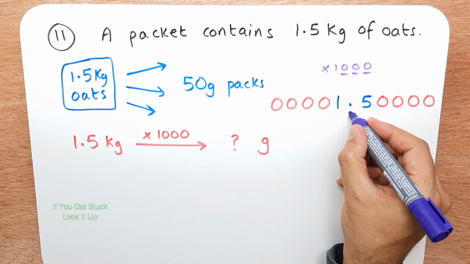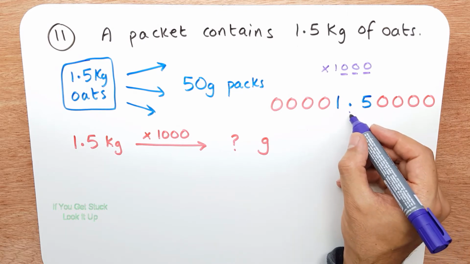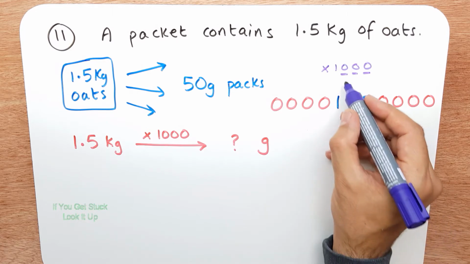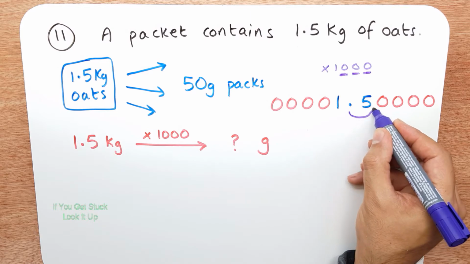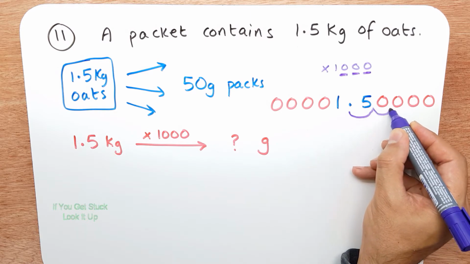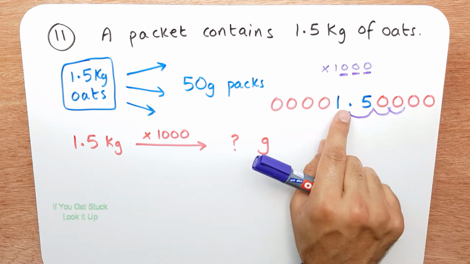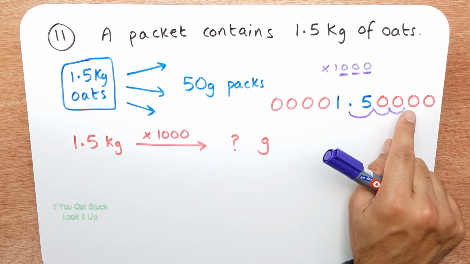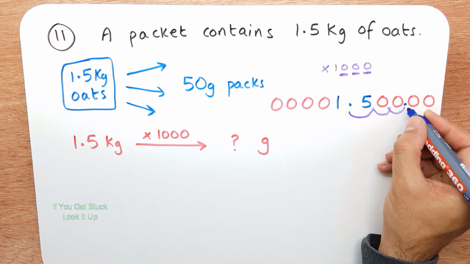Now careful with this, I have to move this decimal point to the right to make my number bigger 3 times, because I have 1, 2, 3 zeros. So 1, 2, and 3. So this decimal point has moved up to there now. So let me just put that decimal point there.